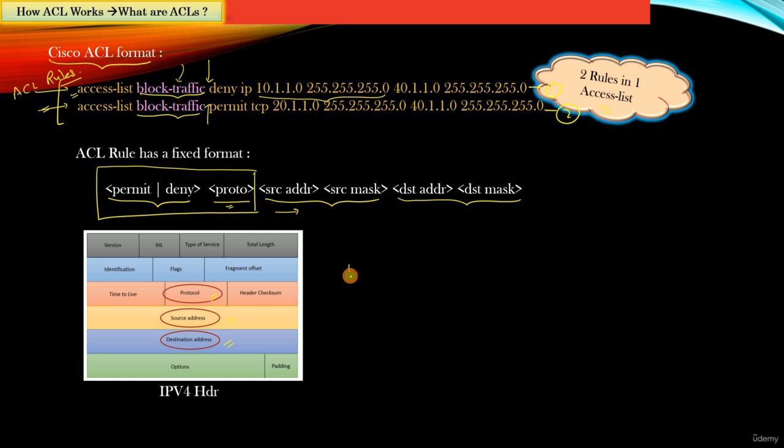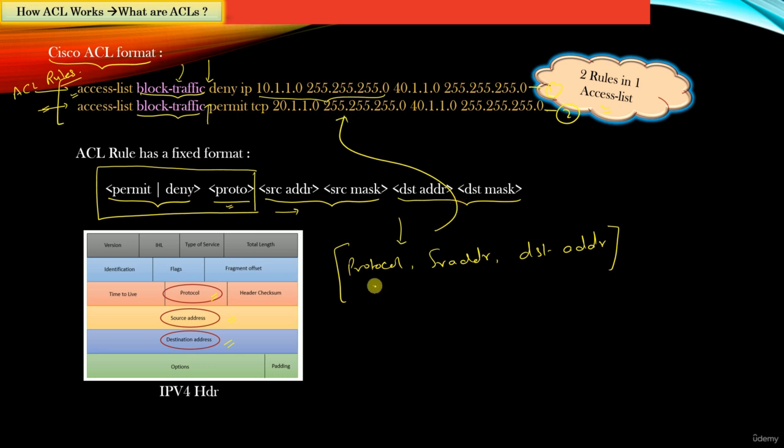And once you have the protocol, the source address, and the destination address extracted from the IP header of the packet, you evaluate these parameters against the access control list and see whether this combination of parameters passes the access control list or not.